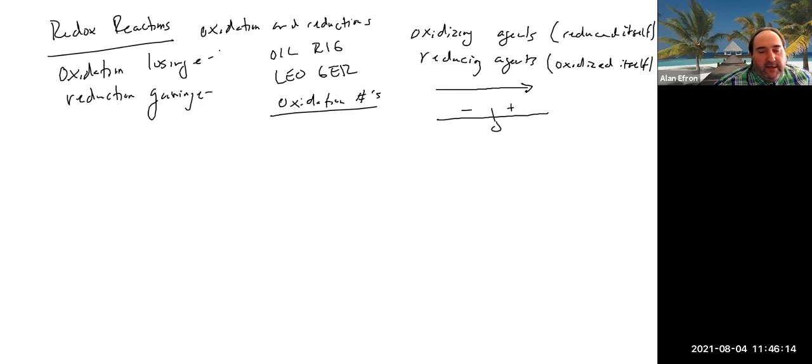So if you see the oxidation number move in this direction, that substance is going through oxidation. When you gain electrons, you become more negative. So if you see somebody moving in that direction in terms of their oxidation number, that is something going through reduction. And under the big classification of redox, it's really a transfer of electrons, which is that driving force.